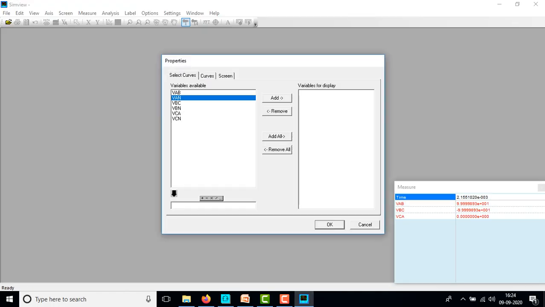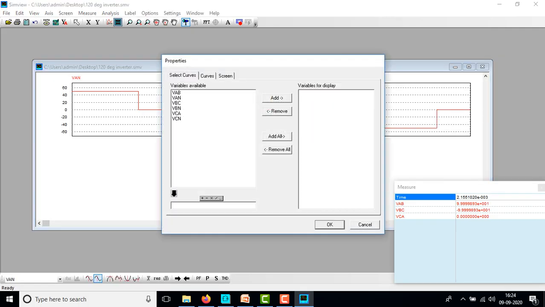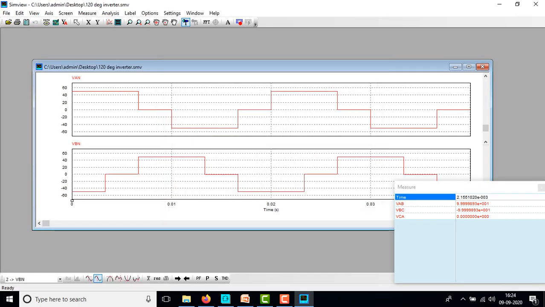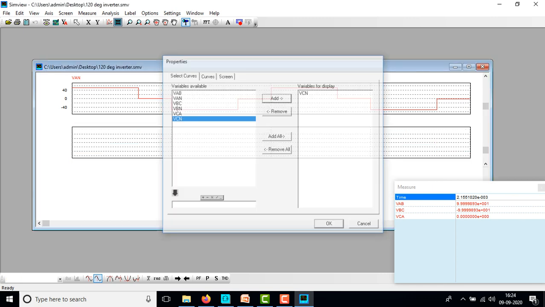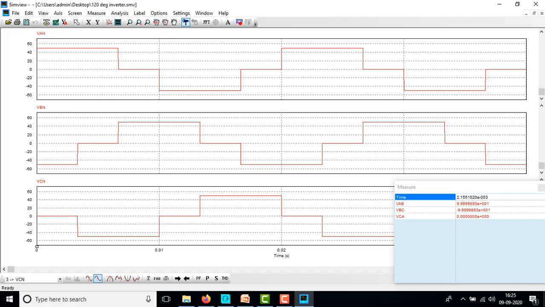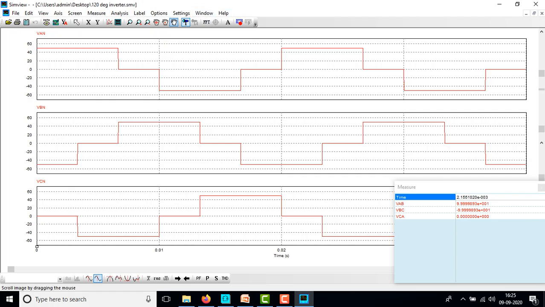First we can measure the phase voltages VAN, then VBN, and third VCN. Here we will have the voltage of Vs by 2, that is 50, here it is minus 50, and VCN will be 0.